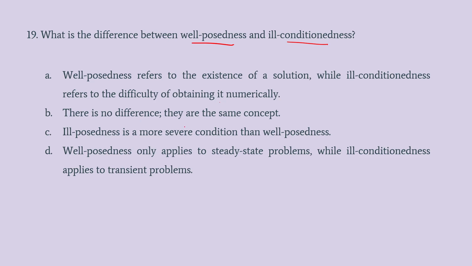Option B, there is no difference, they are the same concepts. Option C, ill-posedness is a more severe condition than well-posedness. Option D, well-posedness only applies to steady-state problems, while ill-conditionedness applies to transient problems. You can try to answer the question.